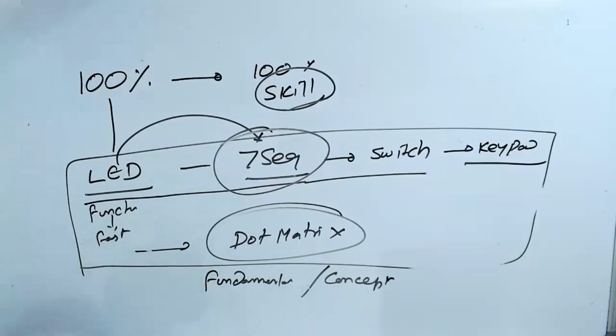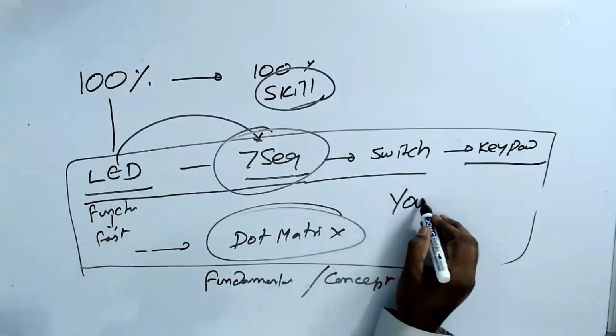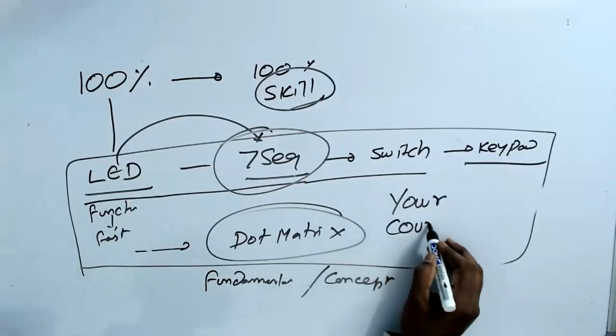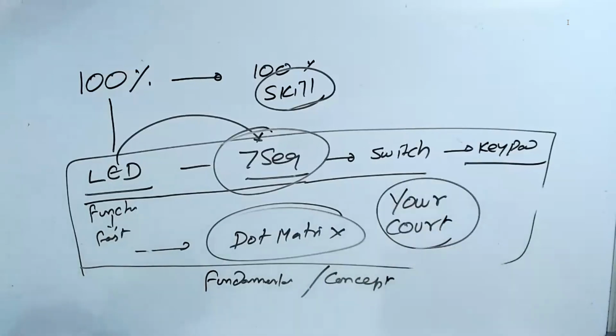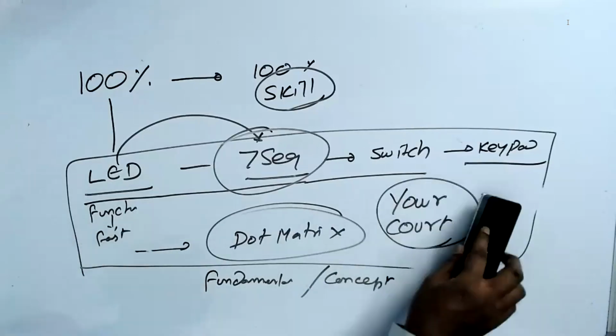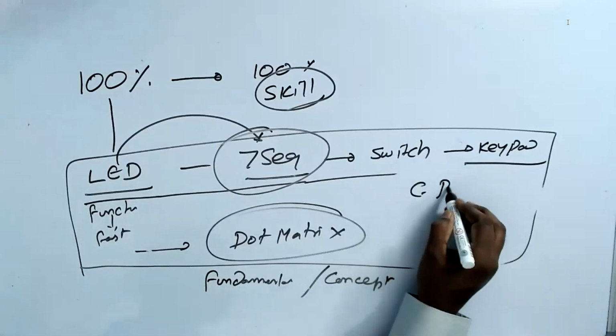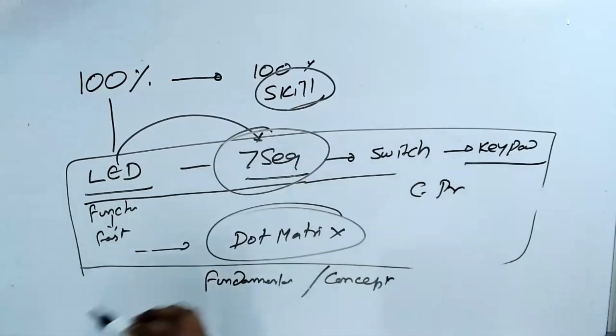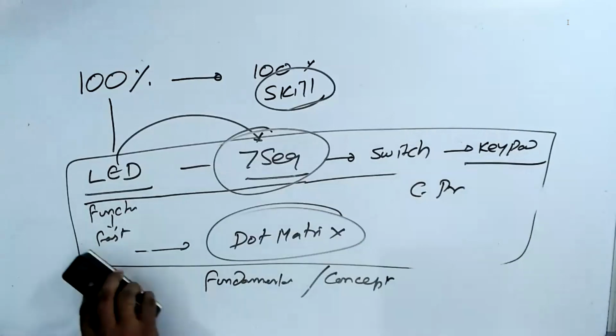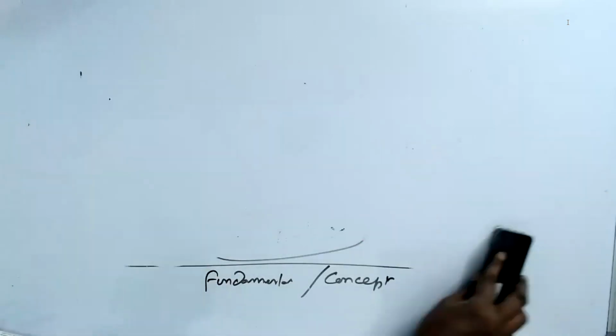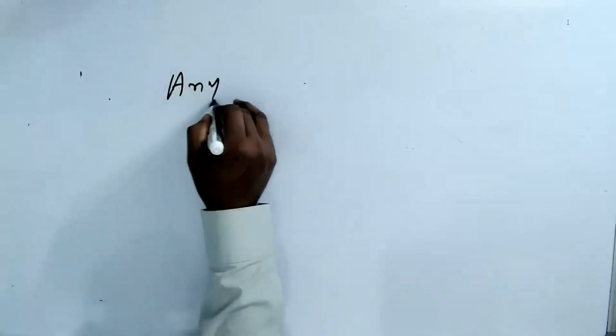All the ball is in your court. You cannot bypass this method. Whatever you want to do, you cannot bypass two things. One is C programming, and the second is this programming. The method we are following is useful for any microcontroller.